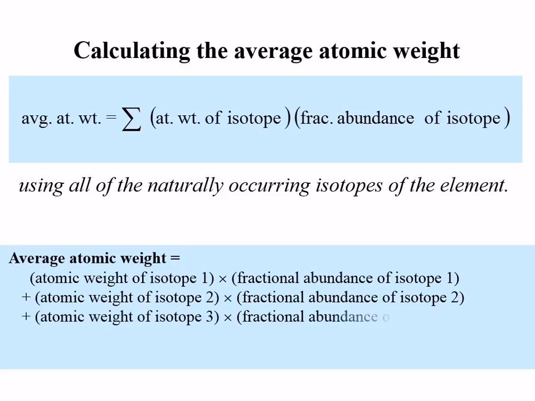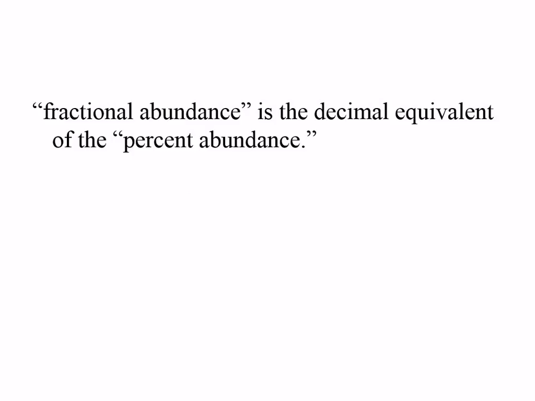And if there's a third one, we do that for the third one, and for each different isotopic form. We just snag how much it weighs and its fractional abundance. It's much easier to show you. So let's do an example.